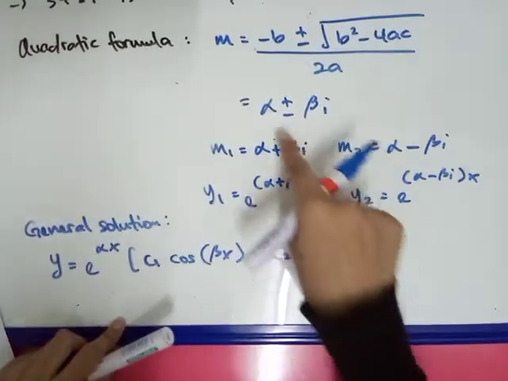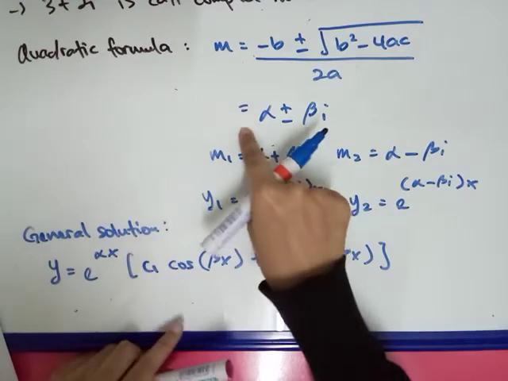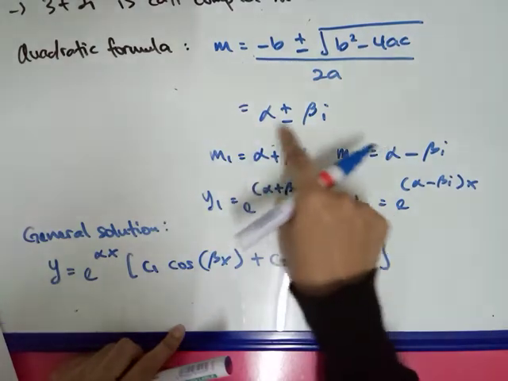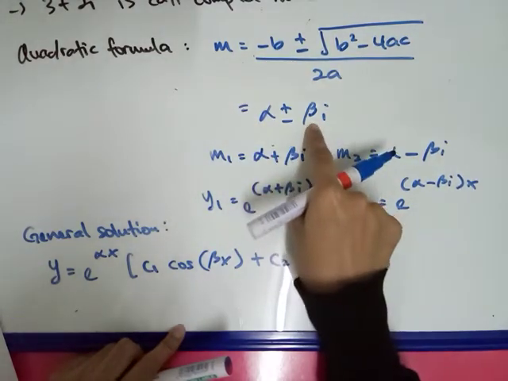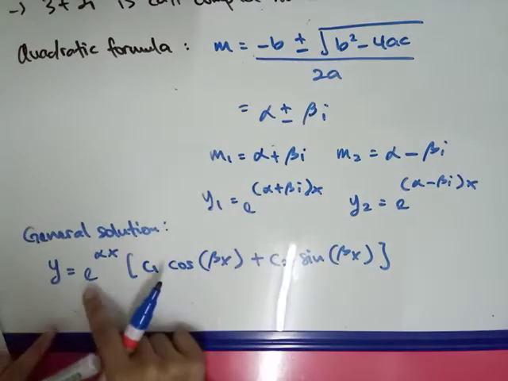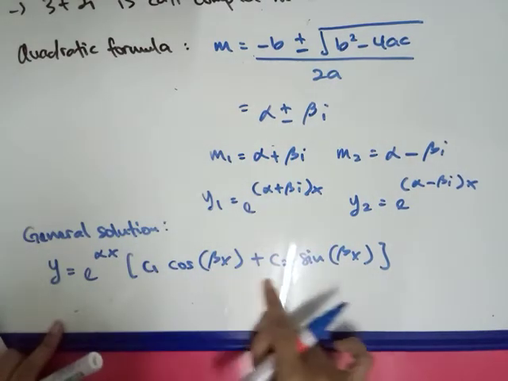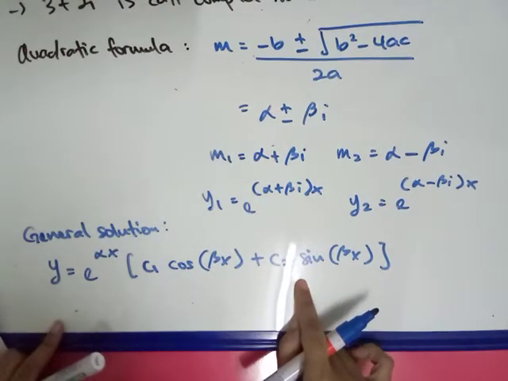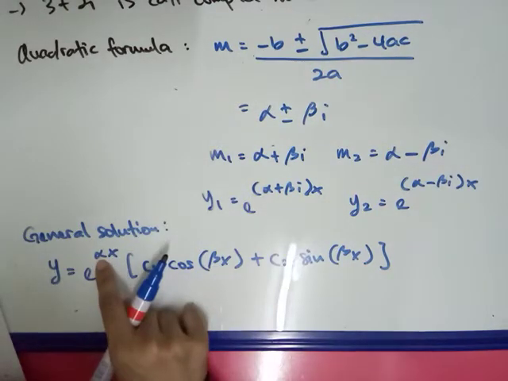After you get the values for roots m1 and m2, alpha and beta here, you substitute into this general solution. So what is alpha, what is beta?